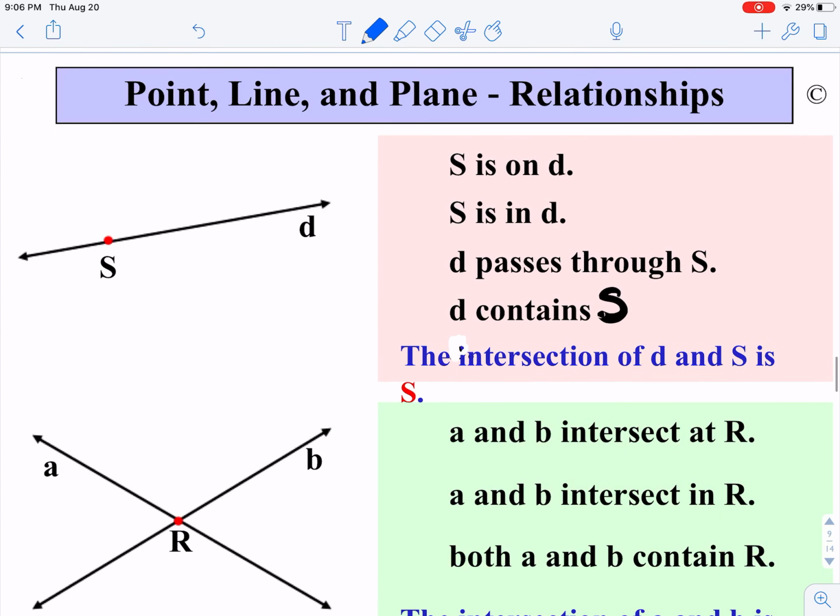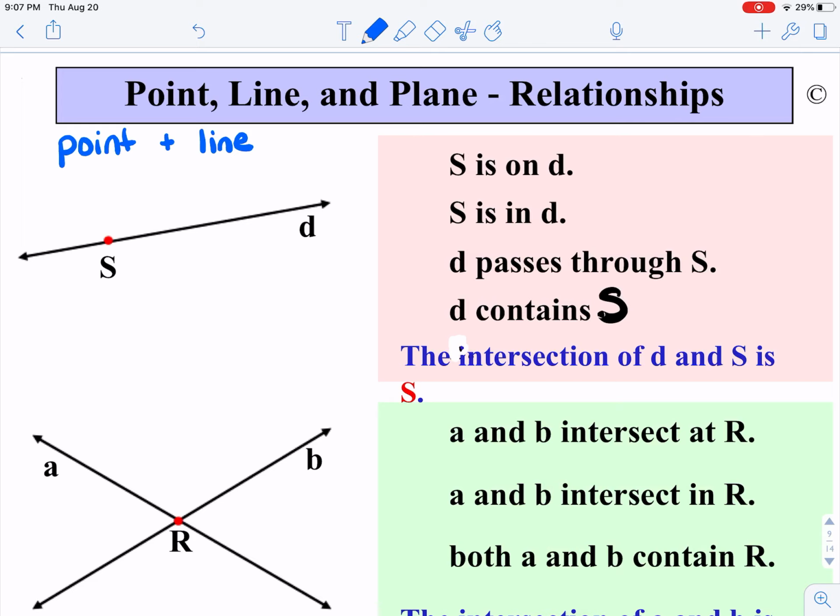In this first example, we are going to compare a point and a line. The point here is the red dot labeled S. D is the name of the line.